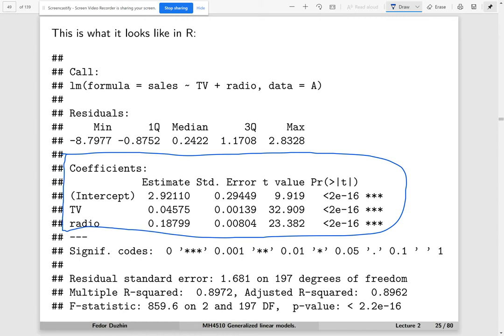this statistical significance in 3 stars here, here, and here means that there is a very, very low probability to observe positive numbers here if the true values here were negative.